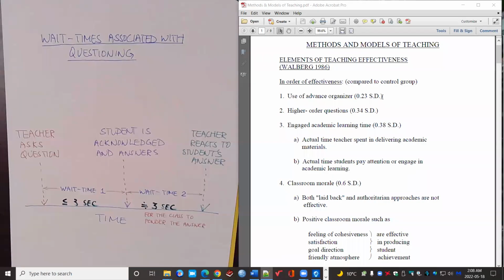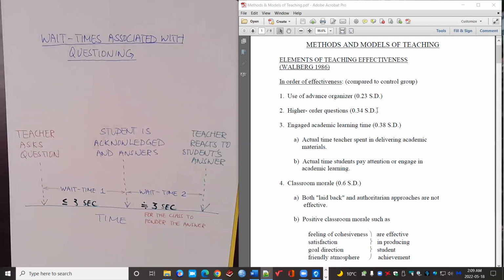Is that right? You're giving them direction. You're lecturing. Okay, you give directions and you are lecturing. Higher order question. So you ask a question, and of course here you wait for the students to answer.